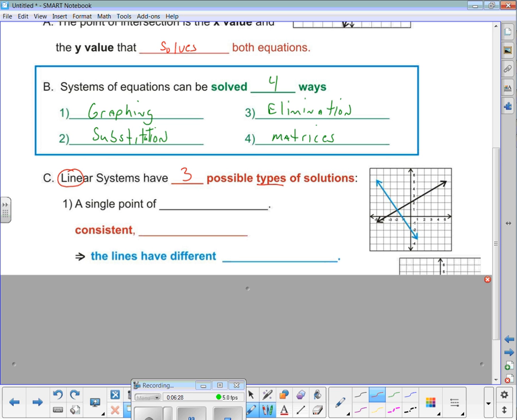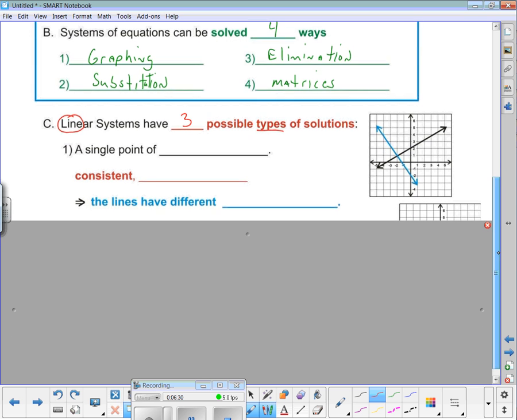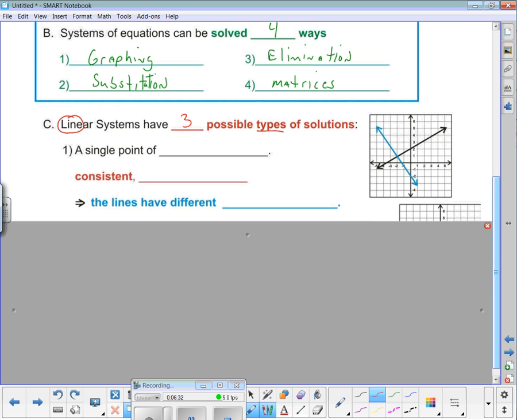You can see on the right here with my graph, the first one is illustrated, and this is simply a single point of intersection. So what is that solution? Let's look at the coordinates, and -2, 1 are the coordinates of that point of intersection, right?